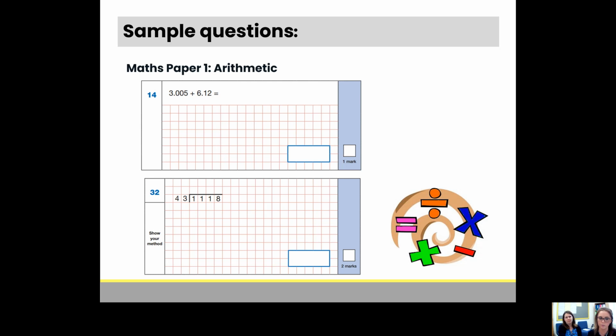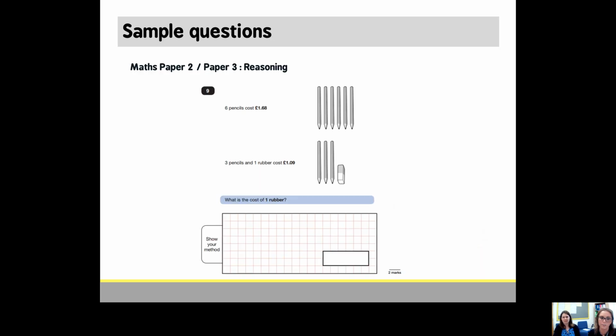Yeah, and any additional practice with the four operations is really beneficial at home, but we'll talk more about that in a minute. Yeah, so this is just one sample from a reasoning paper, and as you can see, it's about applying their knowledge and their arithmetic skills in new contexts. And I always say to the children, don't be worried, because the point of the reasoning is that there will be things they haven't come across before, but they do have the skills to unpick them and to work them out.